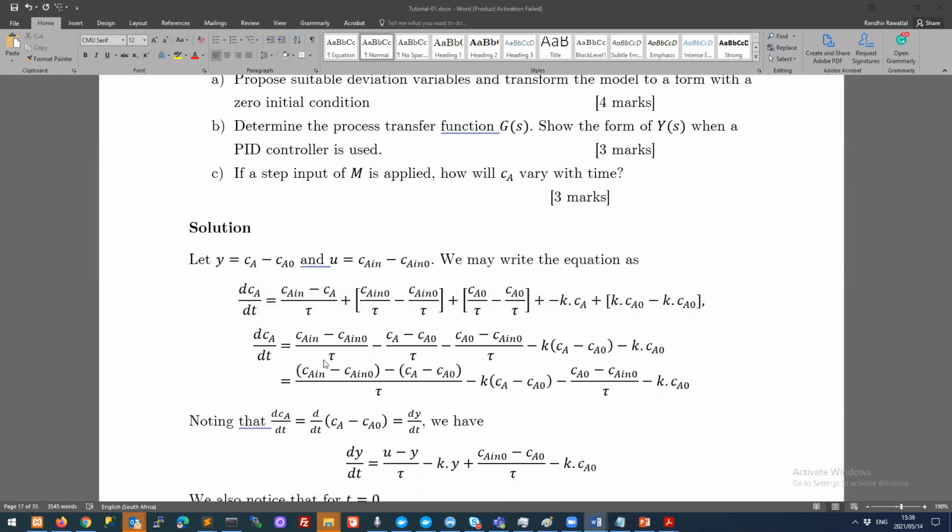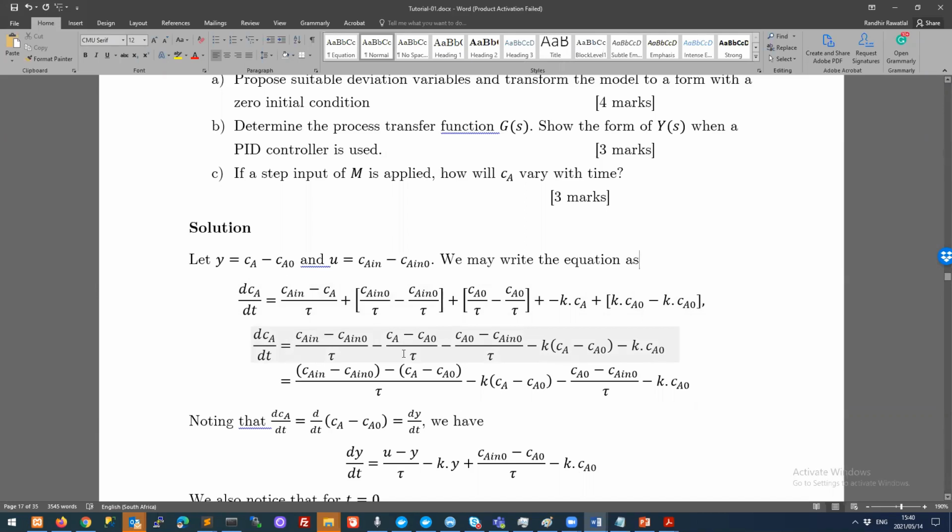And now we are going to regroup here. So we can move this CA in naught next to this CA in. So you make this term, and then you've got this minus CA over tau, and then you group that with this CA naught over tau.